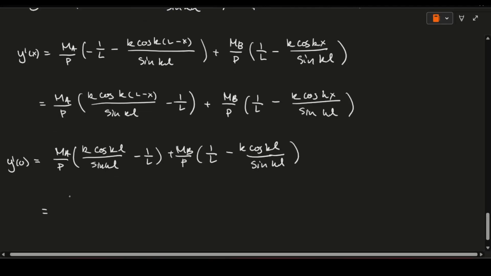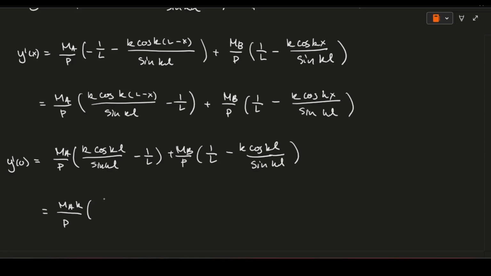This is equal to MA times K, factor out the K, and we get 1 over tangent KL minus 1 over KL, plus factor out the K here as well.